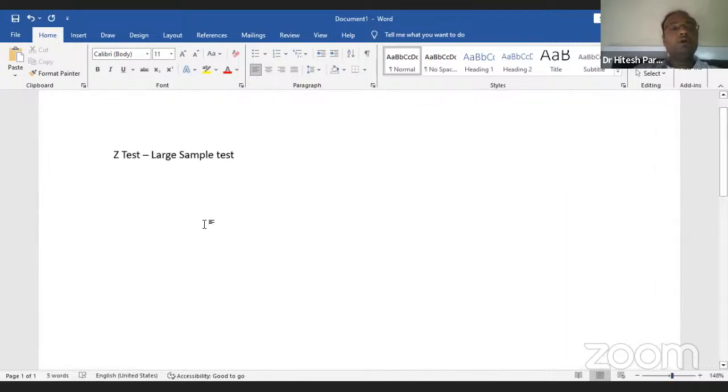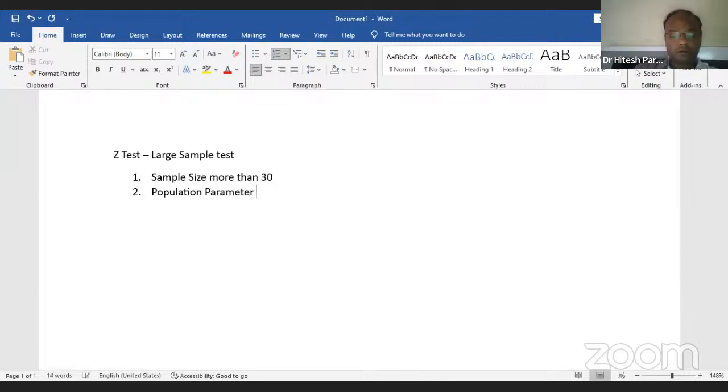If you want to apply the Z test, then there are two conditions. Condition number one is sample size greater than 30. And condition number two, the population parameter is known to you.